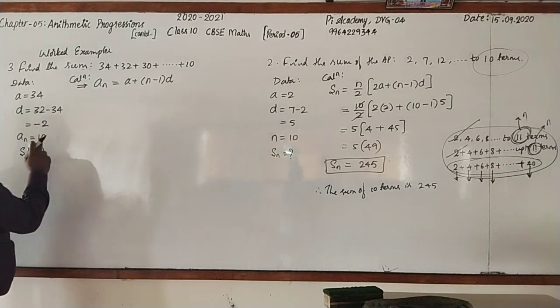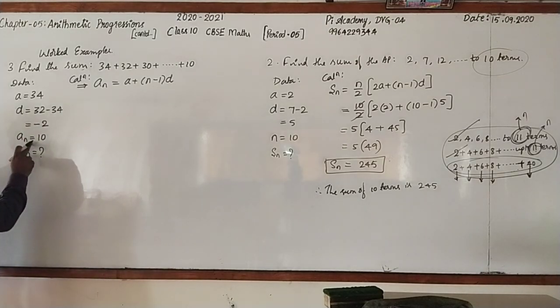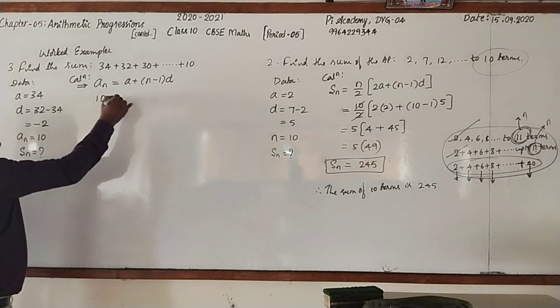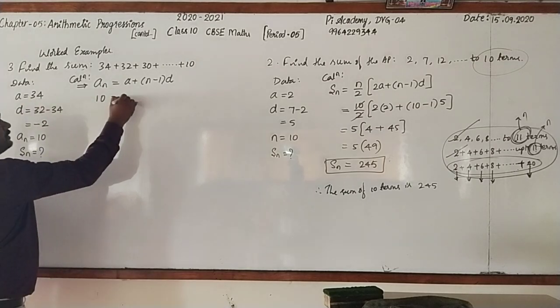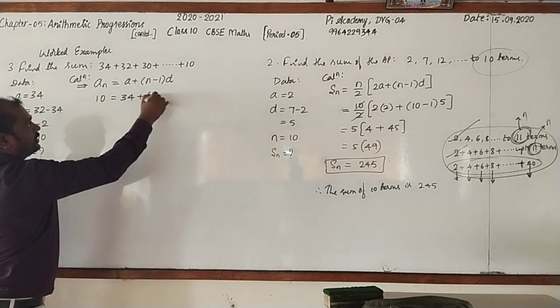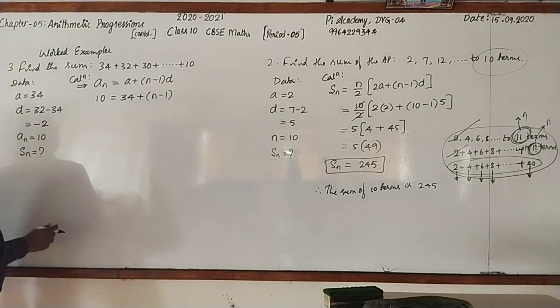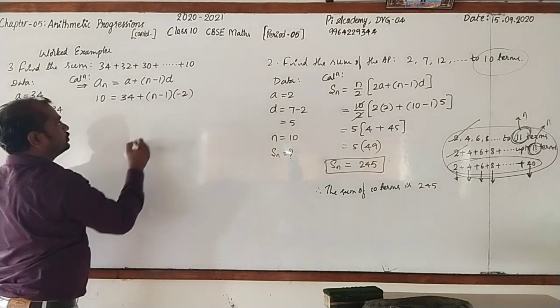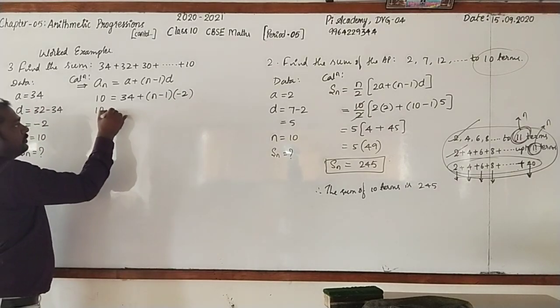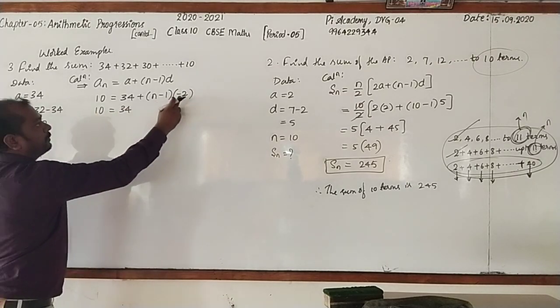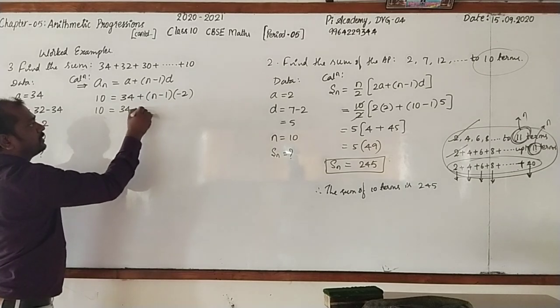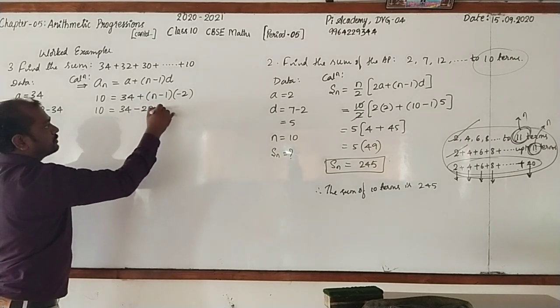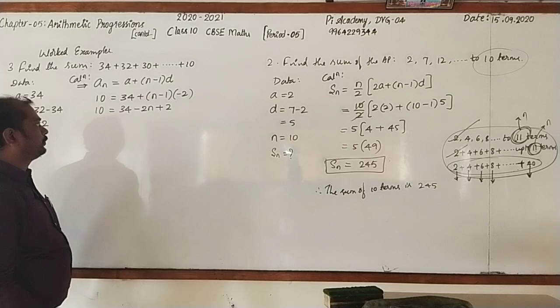The reason is, the last term is given. an is 10. a is 34 plus (n minus 1) into d. What is the common difference? This is minus 2. Now 10 is equal to 34, multiply minus 2 with both the terms. It is minus 2n. Minus into minus, plus 2.